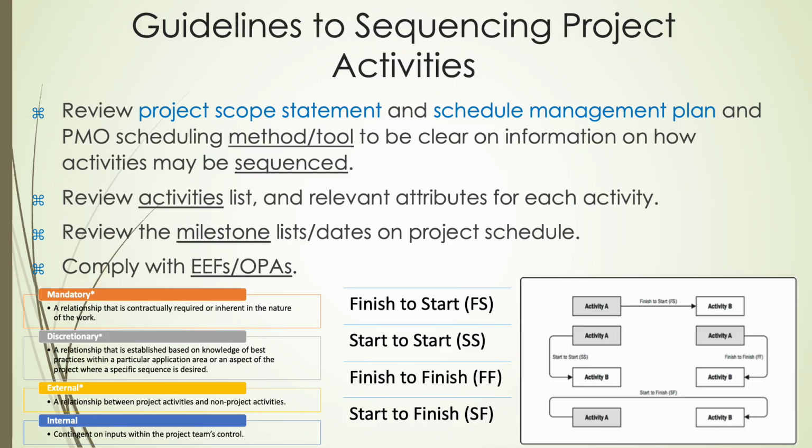Tools like the precedence diagramming method and project management information systems help visualize and manage these relationships. Clear categorization of dependencies supports more accurate scheduling, risk management, and resource allocation, ultimately contributing to a smoother, more predictable project delivery.